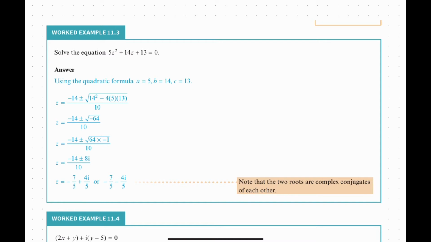One of the things to note is that when you solve a quadratic with the quadratic formula and get imaginary values, you always end up with complex conjugates. That's because this front part is going to be the same in both, so the real part is the same, but the imaginary part, which comes from this root minus 64, is going to be the positive and negative versions of each other.